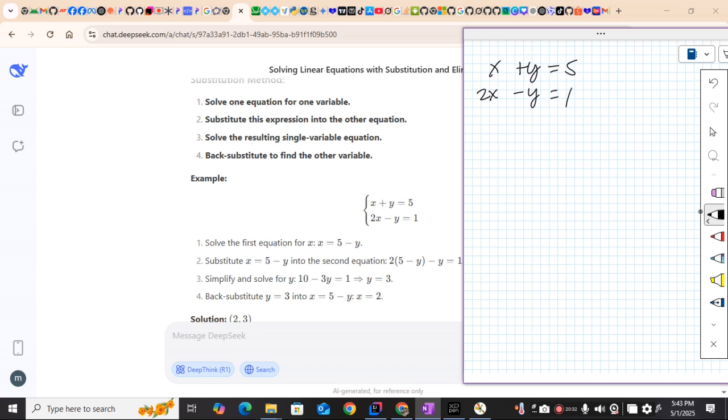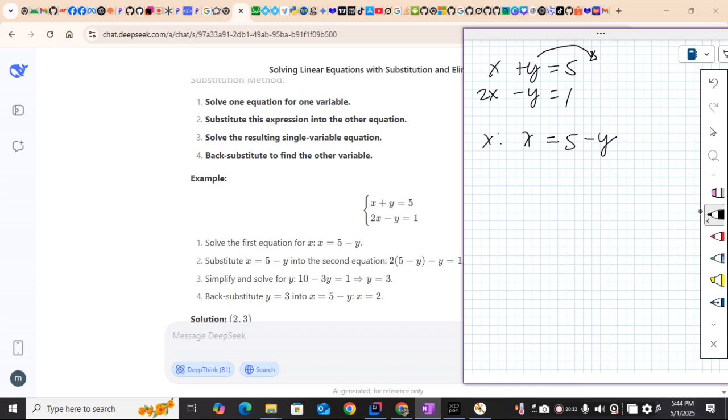Now, the first step is to solve an equation for one variable. Let's try x, for example. All we need to do is to transpose the y to the other side. So all we have now is x equals 5 minus y.